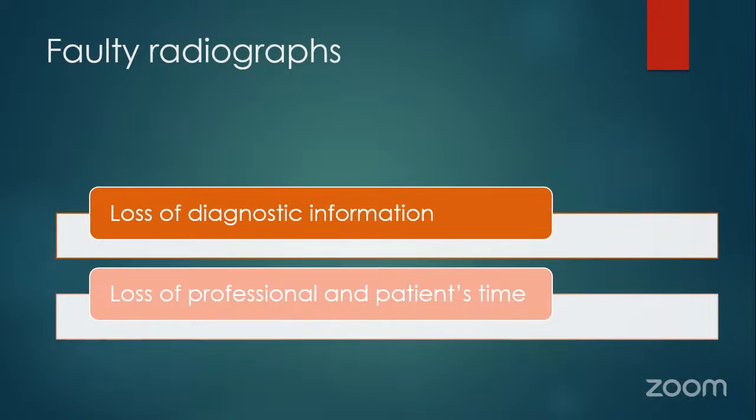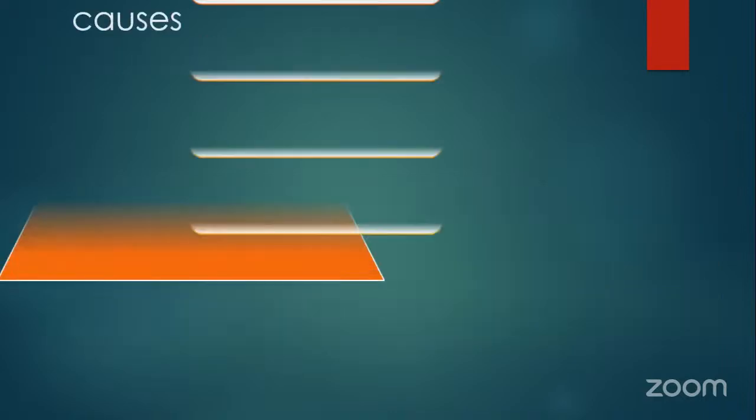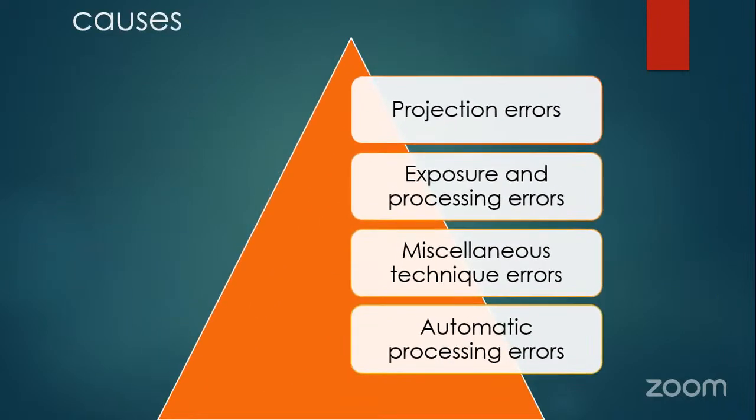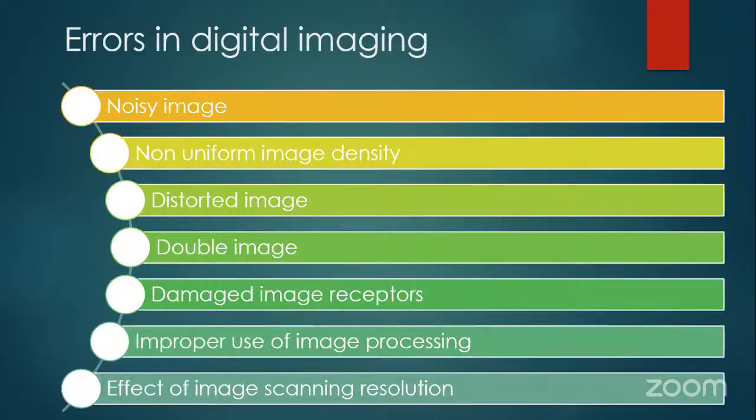In digital radiographs, there can be issues with the software. Because of that, faulty radiographs are formed. So these are the four main causes, like I already mentioned: projection errors, exposure and processing errors, miscellaneous technique errors, and automatic processing errors.